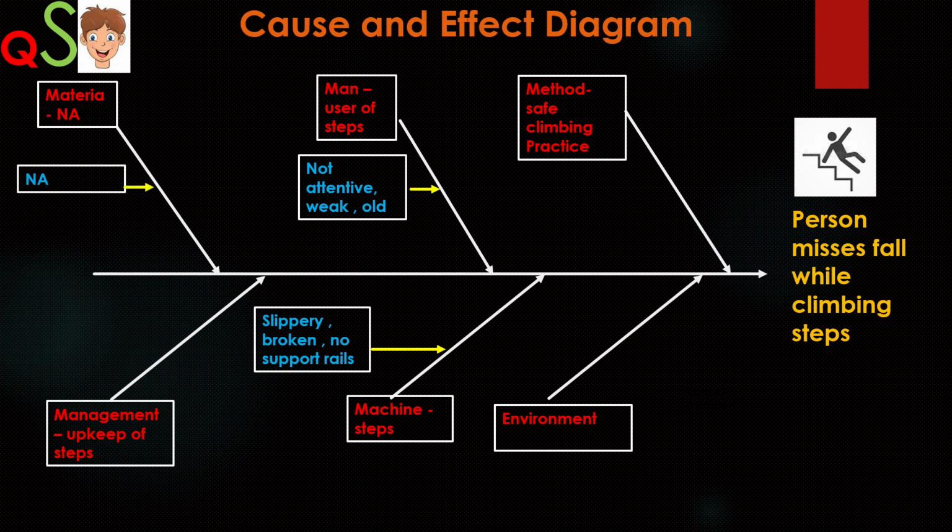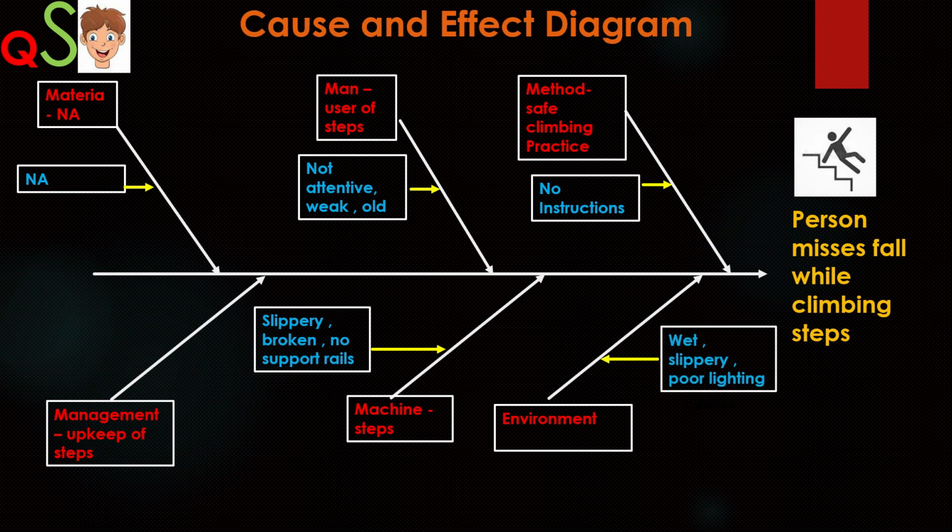Material, there may not be anything which can be called as material as nothing gets consumed here in this process very obviously. Method, process definition, adequacy of recommendation for safe climbing, etc. That is safety precaution, instructions for low light, etc. would influence the outcome here.